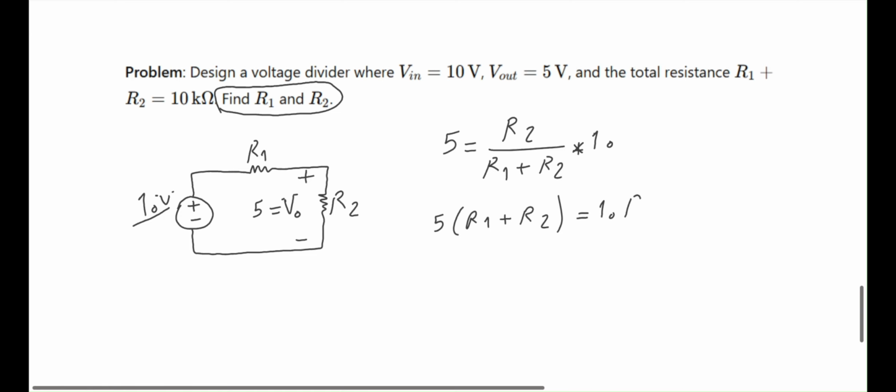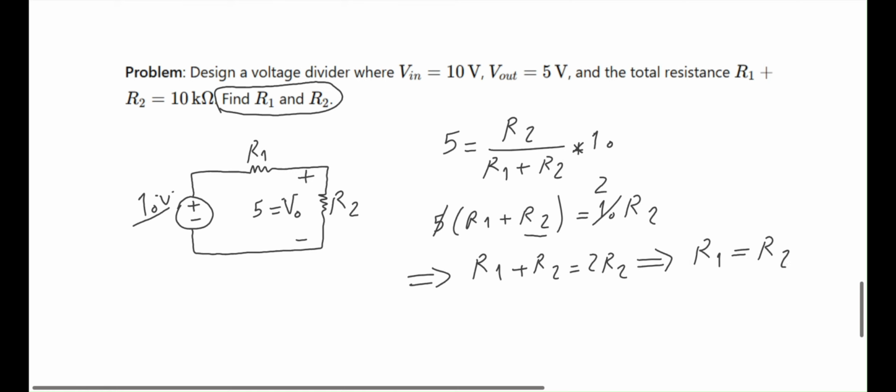equals 10 times R2. We can cross out these two and this becomes 2R2, and there's 1R2 here, 2R2 at the right side. I can come to the conclusion that R1 plus R2 equals 2R2, and from there I have R1 equals R2.